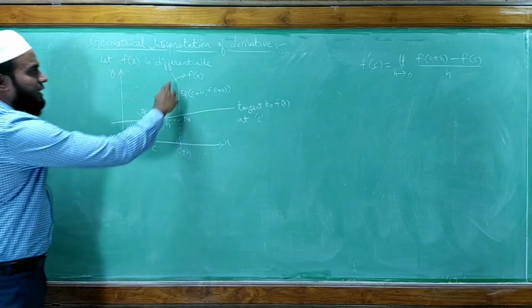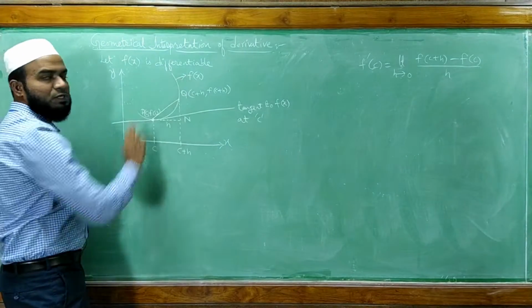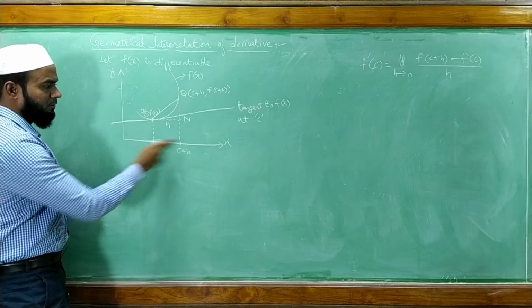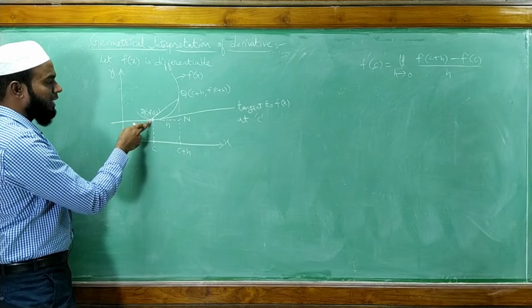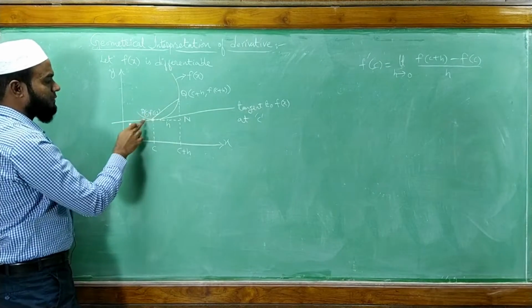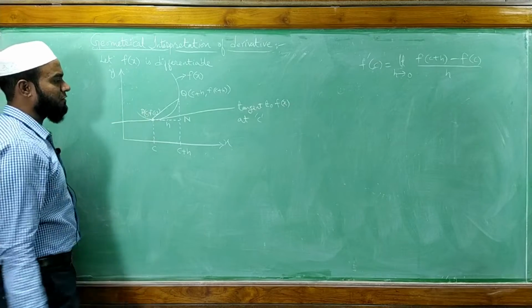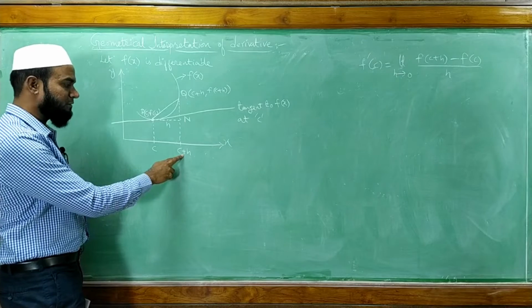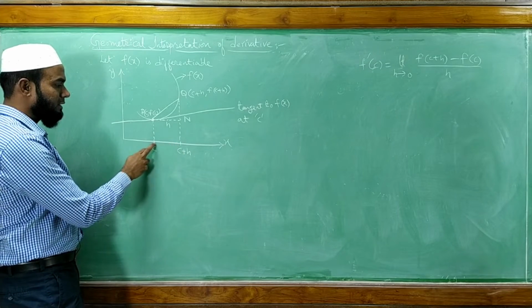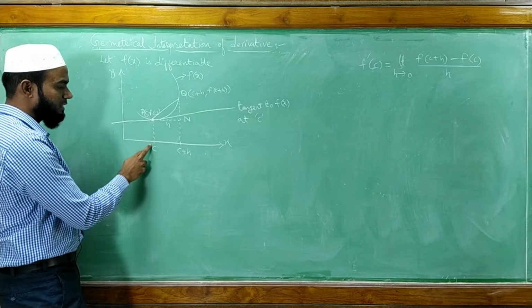So initially what was there? Only the graph of the function f of x was there. I considered a point c on the x-axis. Then corresponding to this point, there will be a point P on the graph of the function f of x, which is given by P of c comma f of c. Further, I am considering one more point, which is c plus h, which is at a distance of h from c, right?